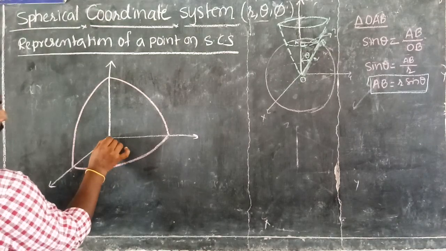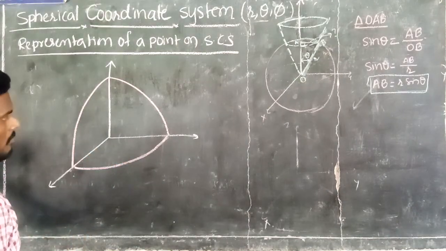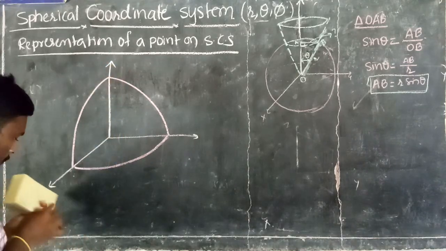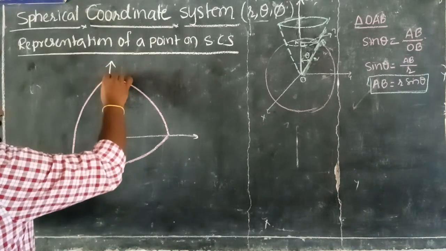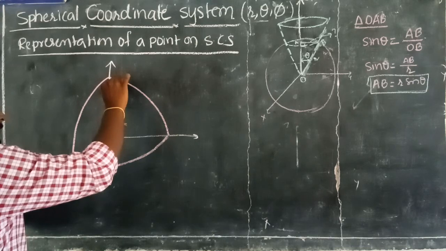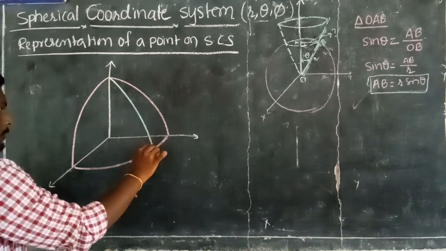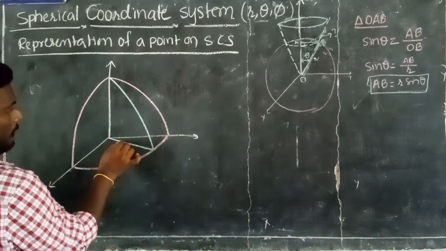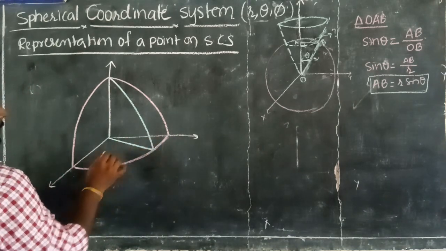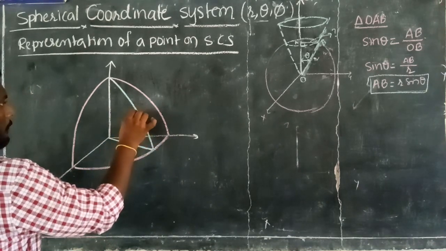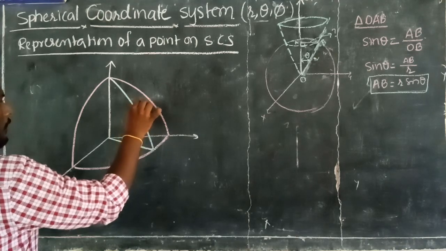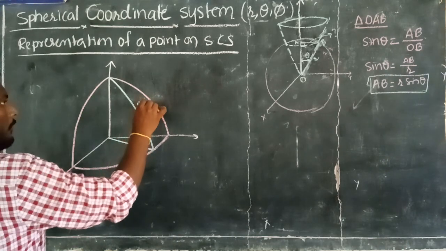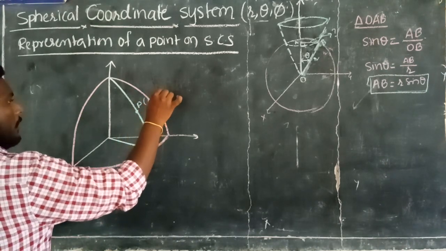Now see, this is your half plane, and if I want to represent a point here, the point is going to be formed here as P of r, theta, phi.